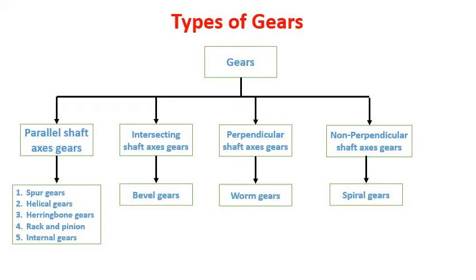And in the last type, non-perpendicular shaft axis gears, an important type is spiral gears. The spur gear, helical gear, herringbone gears, rack and pinion, and internal gears belong to the parallel shaft axis gears. In the next slides we are going to discuss one by one how exactly these different types of gears are used, where exactly they are used, what are the advantages, disadvantages, etc.